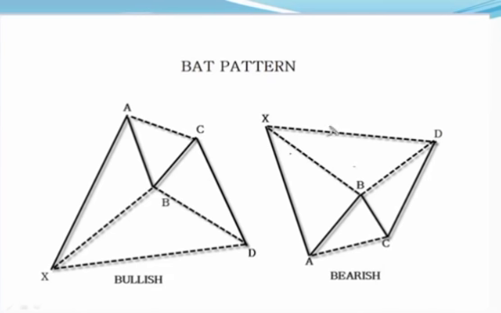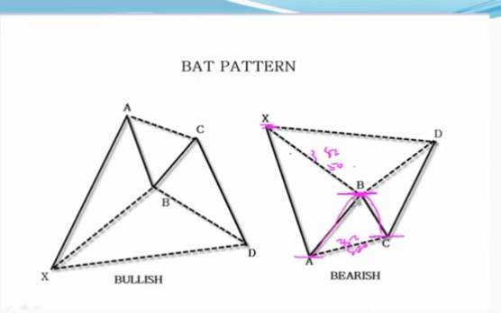Now the bat pattern is similar to a Gartley pattern in that X down to A up to B is a 382 to 50% retracement, and that should stop it right there. On the way back down, it should hold a 382 to 886 retracement of that market swing up.